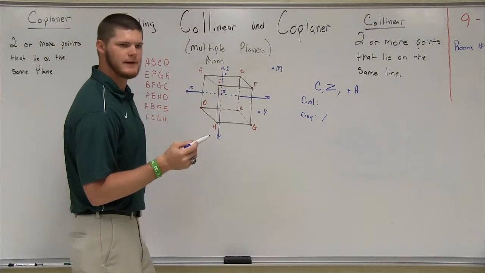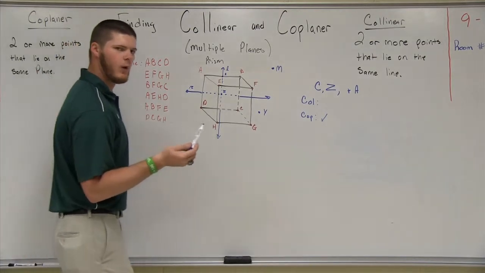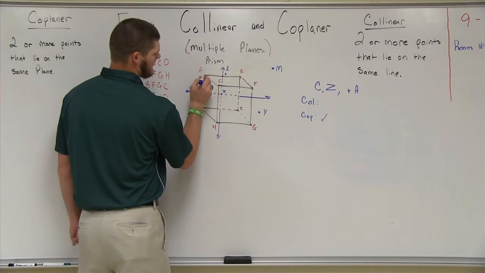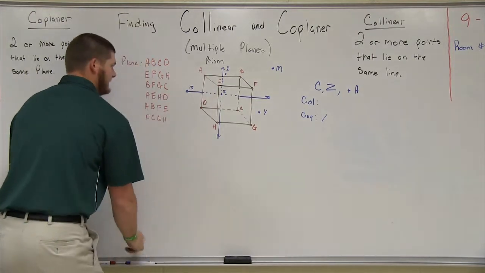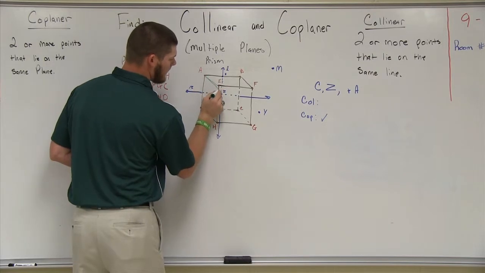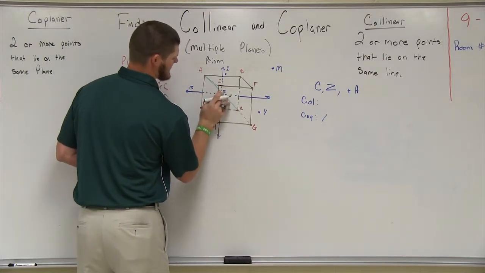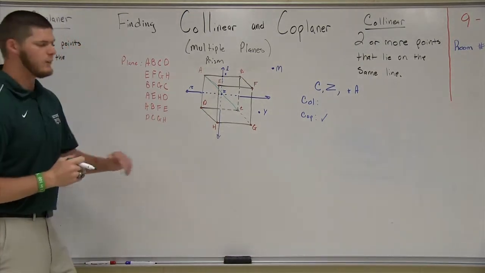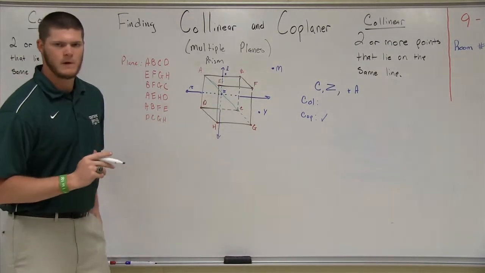But in geometry, we know that through any 2 points there can be a line. So if we drew a line from A to C, and if it was a straight line, it would pass through point Z. Alright?